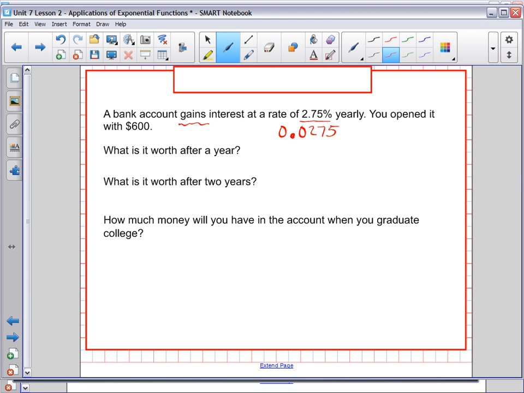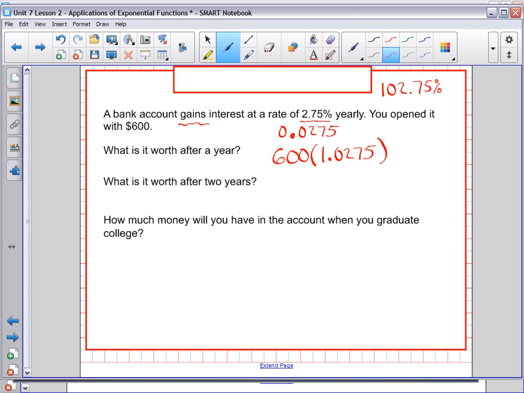To show that this is a growth problem, we need to remember that we have 100% of our money each year and we are getting another 2.75%. So each year we are going to have 102.75% of our money, or we're going to be multiplying our initial value by 1.0275.